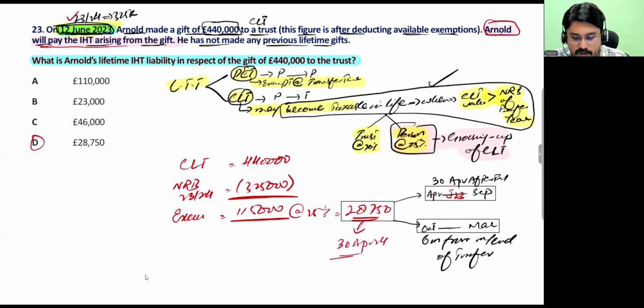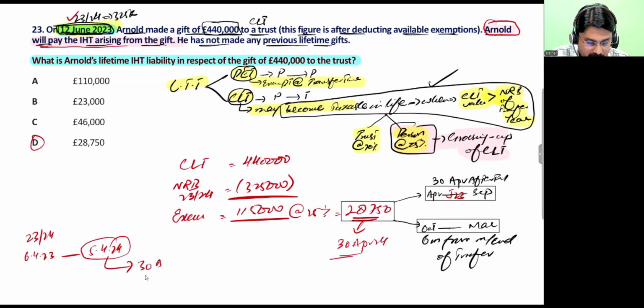Then 30th April after the fiscal year. Fiscal year 23-24 starts on 6th April 23 and ends on 5th April 24. If you follow 30th April after the fiscal year, the relevant date will be 30th April 24, which means this amount of tax will be paid on 30th April 24.